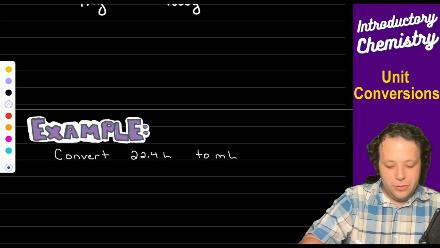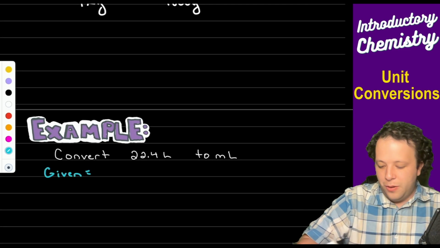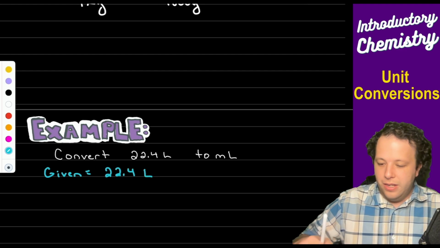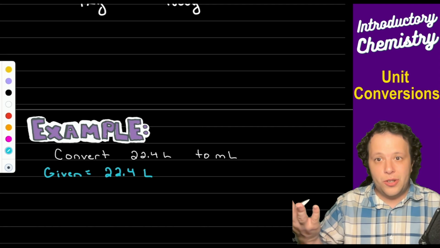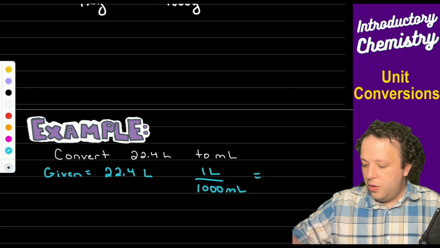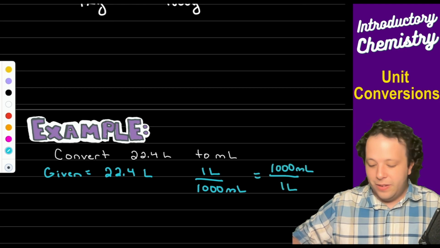First thing you're going to do is write down what is given. First thing we have is 22.4 liters, and we also have the conversion term from before, which was 1 liter is 1,000 mLs, or 1,000 mLs is 1 liter on the flip side, right?